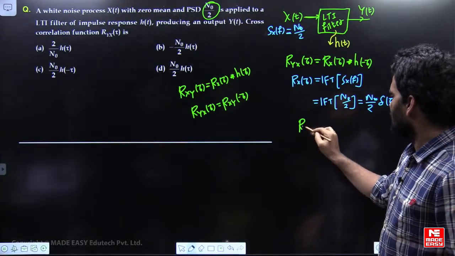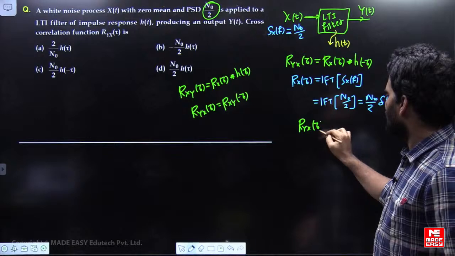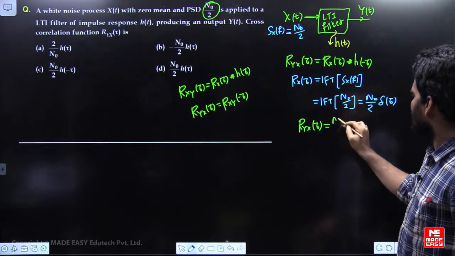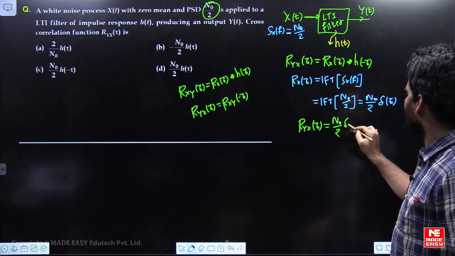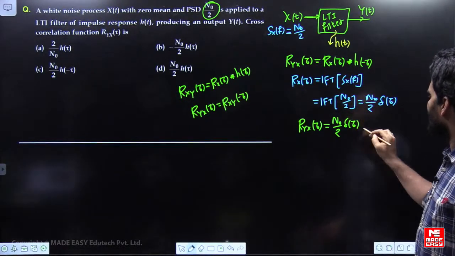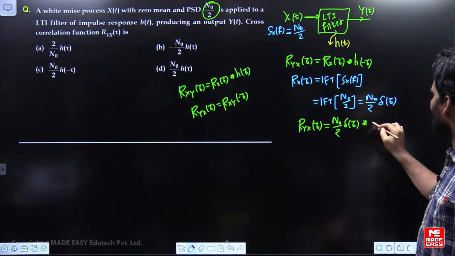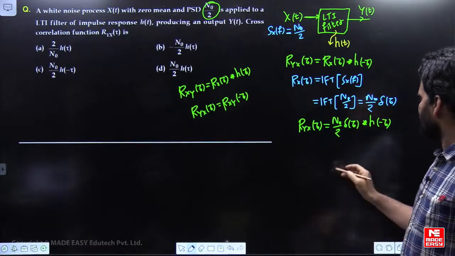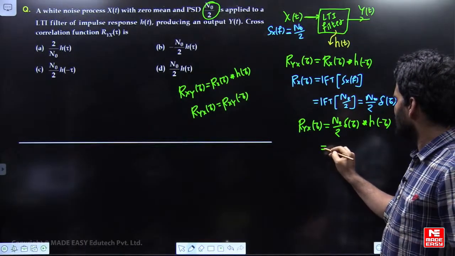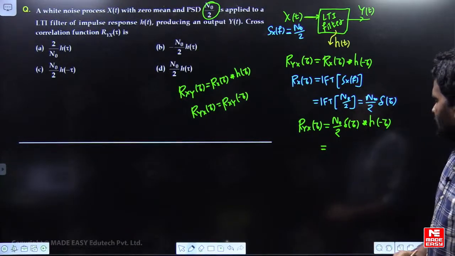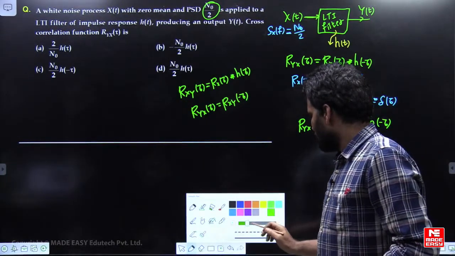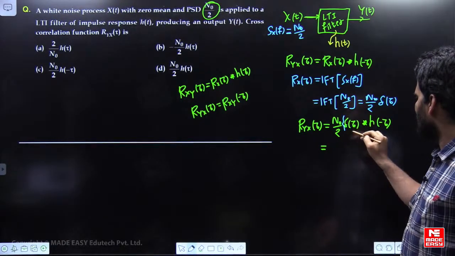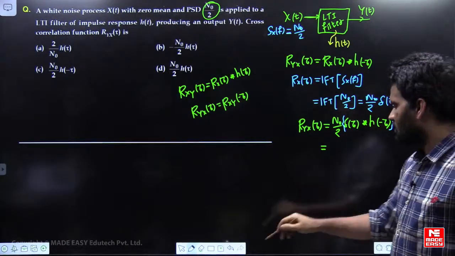Then R_yx(τ) is equal to R_x(τ), which is N0 by 2 δ(τ), convolved with h(−τ). If you do convolution of an impulse function with any other function, you will get the same function only.